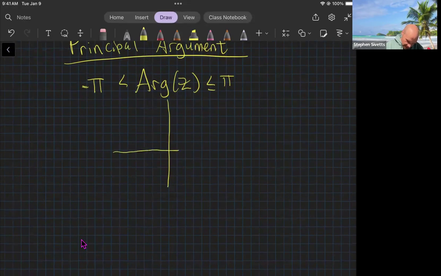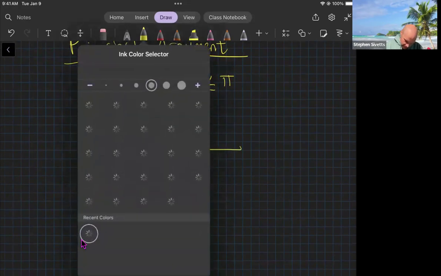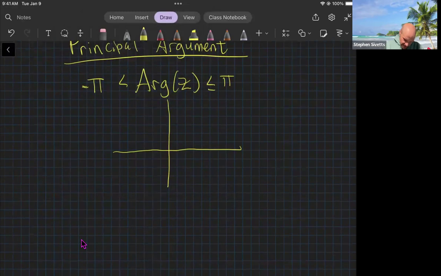So on the complex plane, minus pi would be an angle that's clockwise. So we're going to start along the negative real axis, and then we're going to go this way, right? And that's how we define the principal argument of a complex number.